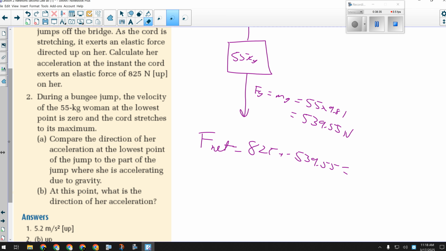So if we're talking about her jump here, it says during a bungee jump, the velocity of the woman at the lowest point is 0 as the cord stretches to its maximum. Is this kind of the opposite of what happens if you throw something up in the air? It is. So you're falling. At first you're in complete free fall. And then the bungee cord starts to take up.